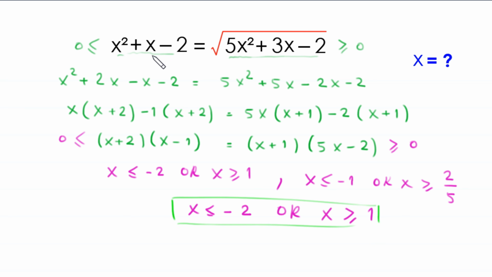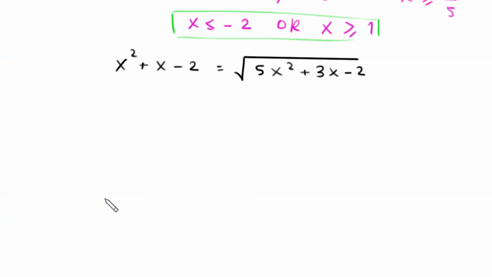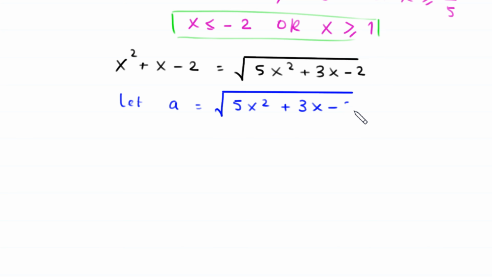Now we rewrite the equation: x squared plus x minus 2 equals the square root of 5x squared plus 3x minus 2. To simplify the solution, we suppose that this expression equals a. Let a equal the square root of 5x squared plus 3x minus 2.